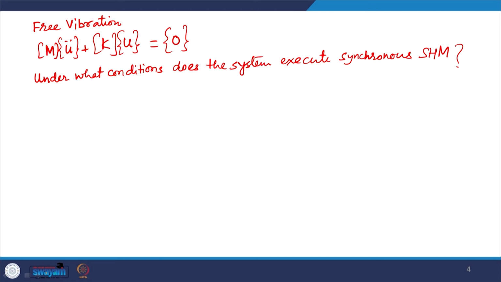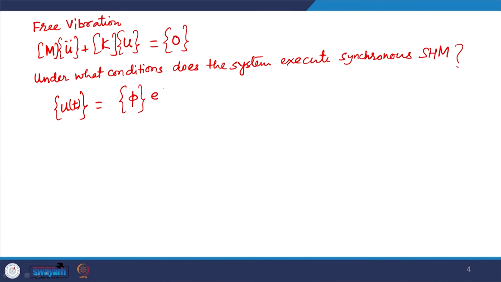So, what is synchronous simple harmonic motion? If u of t, that is the displacement, the nodal values of displacement, I define as phi times e to the power i omega t, where phi is the vector of amplitudes. In the simple pendulum experiment too, every point executes simple harmonic motion but the amplitude is different.